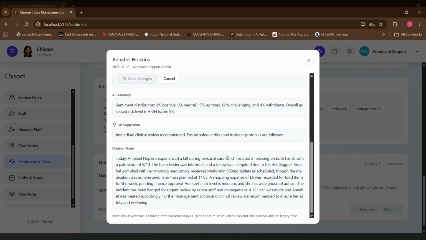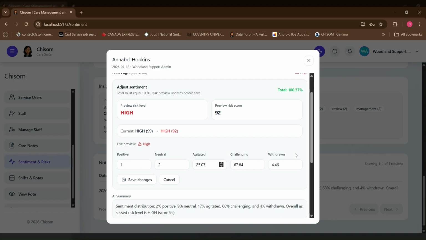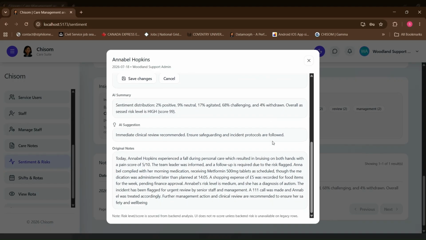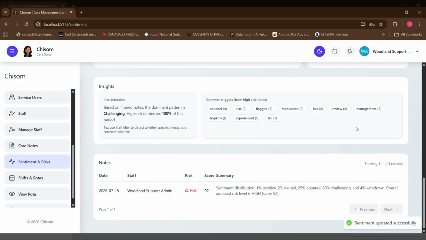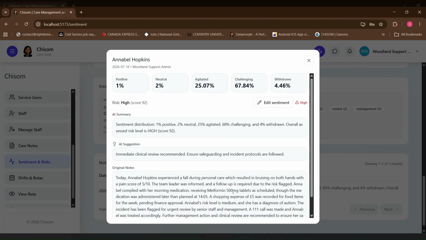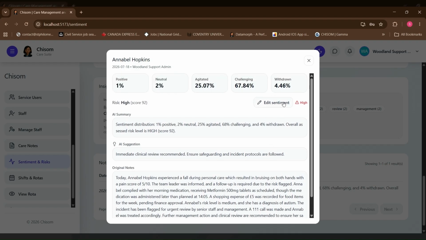So we can leave it like this and then we can save it. Alright, so from here we'll be able to click on save changes. And then if you notice, when we get back here, we see that positive is now 1, neutral is 2, and so management can actually edit it.